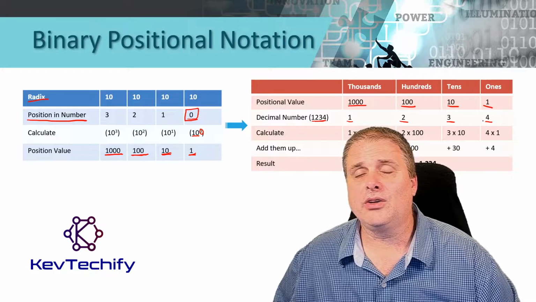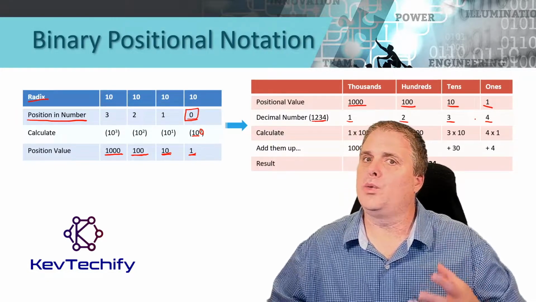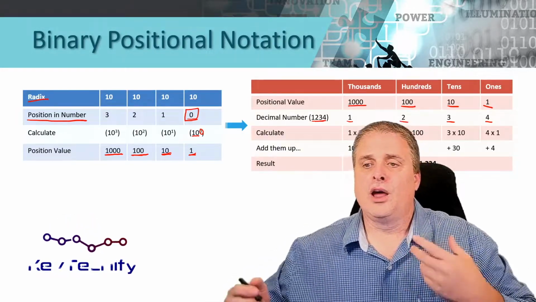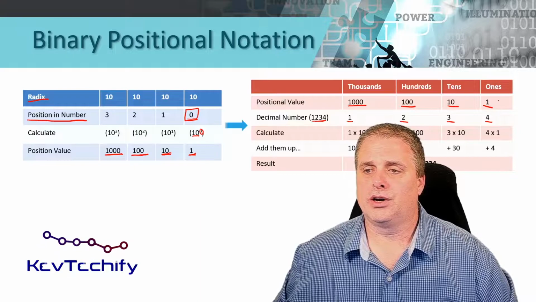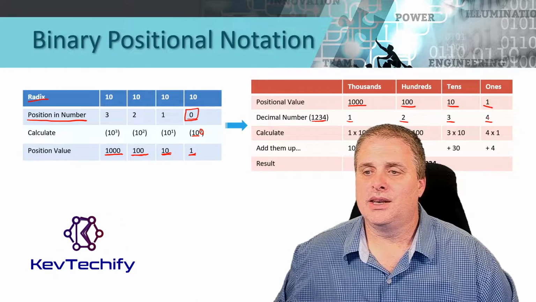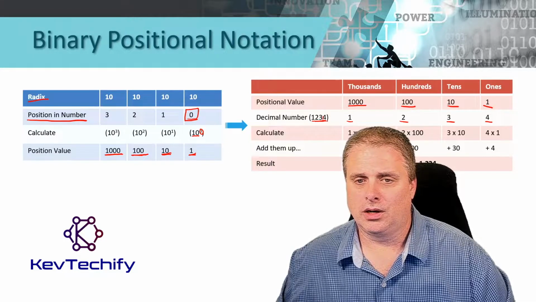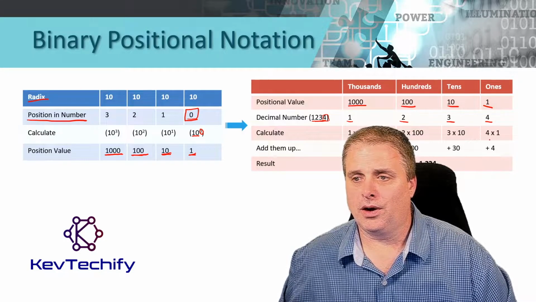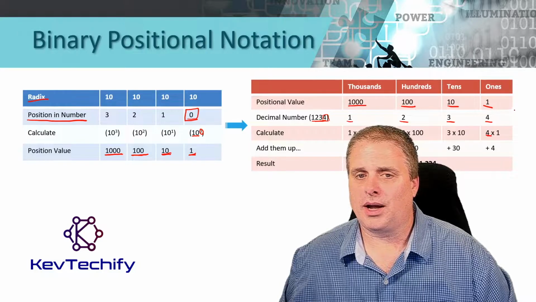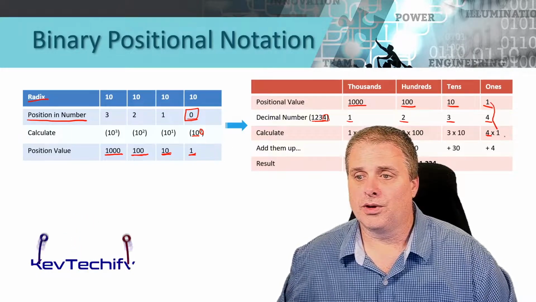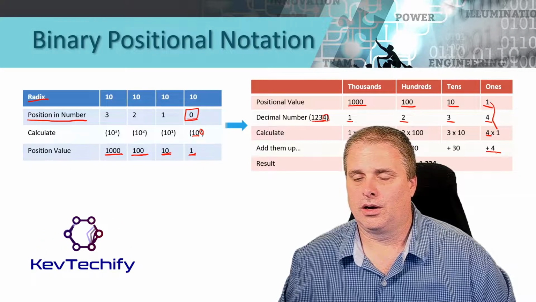Now, in order to calculate this out, and once again, we've taken this for granted as we've done this all of our lives, we'll start in the ones column. We have the number 4 that comes from over here from our decimal number. We take 4 and multiply it by the positional value, which is 1. 4 times 1 gives us 4.